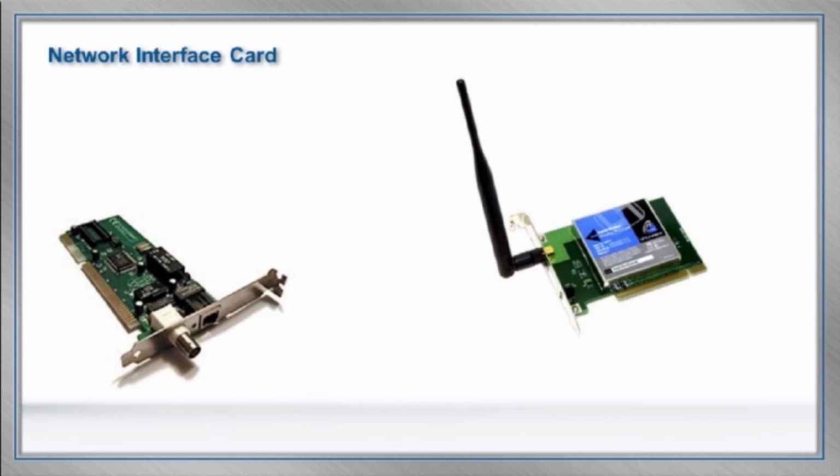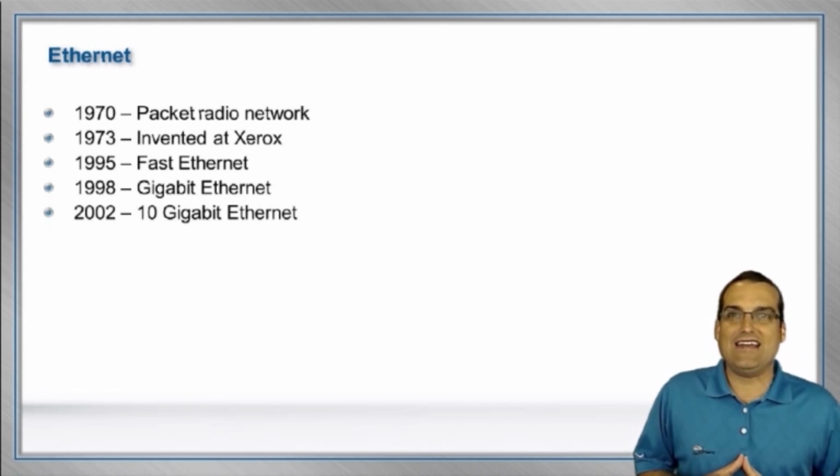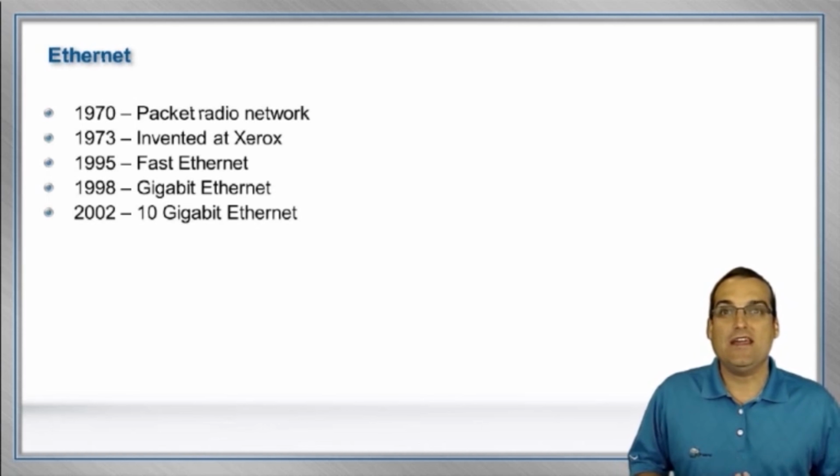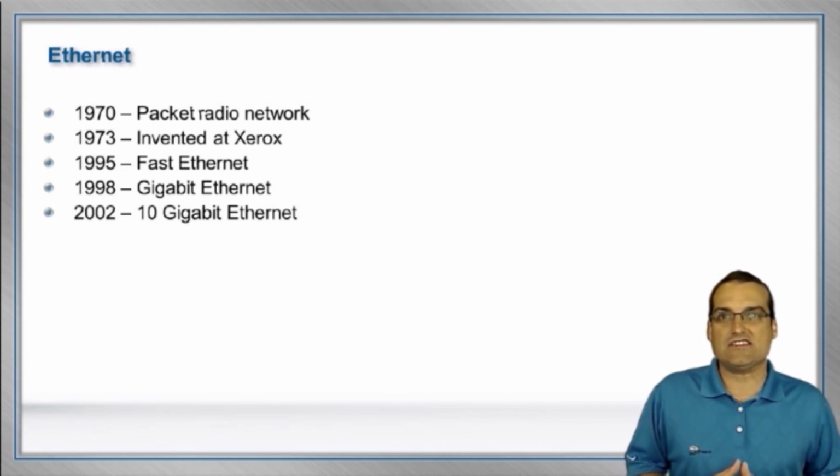Both of those options deal with the most famous aspect of networking media, and that is Ethernet. Invented in 1973 at Xerox, in 1995 we had an evolution of its speed capabilities with Fast Ethernet. In 1998, another huge evolution of Ethernet's capabilities at a gigabit per second speed.